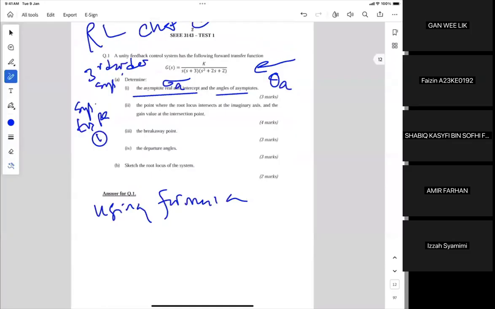okay, sigma A is the sum of the poles divided by the number of poles. Okay, so it should be 0 plus minus 3 plus the values minus 1 and minus 1.